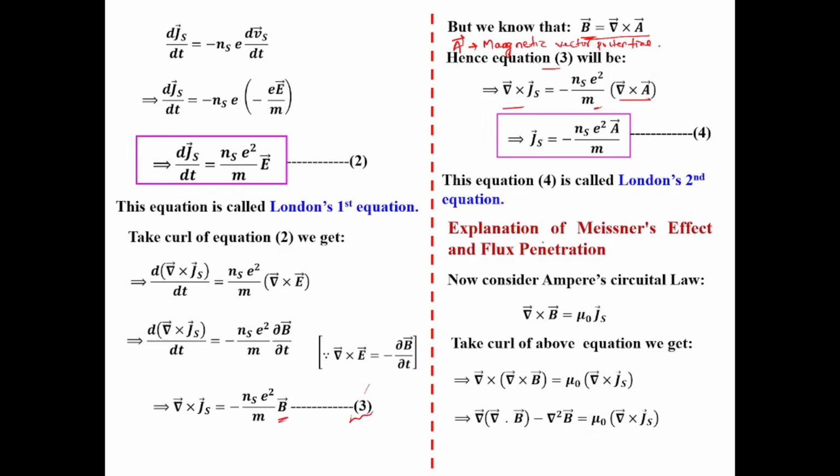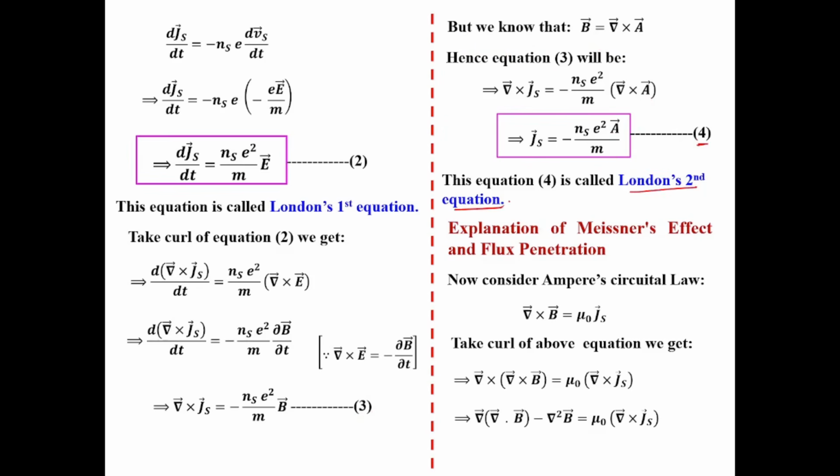Del cross A, right? So cancelling the curl on both sides, we find Js, the current density due to superconducting electrons in the superconducting state of a superconductor, equal to minus Ns e square A by m. Let this be your equation number 4, and this equation number 4 is called London's second equation.